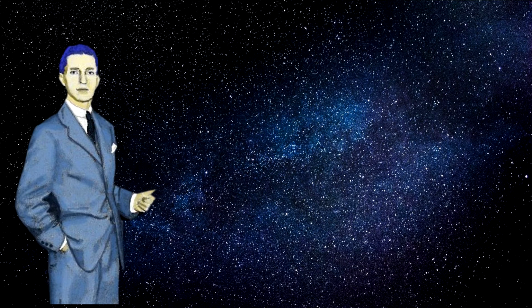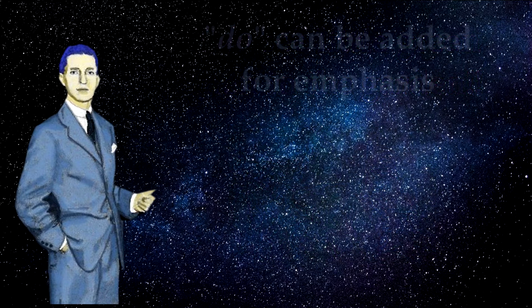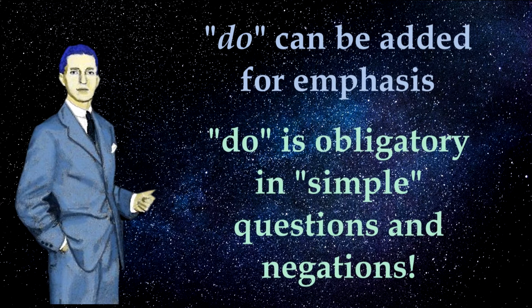What's more, if you want to put special emphasis in a sentence, for example, if your listener doesn't believe what you're saying, you can add the auxiliary do to give your sentence that emphasis. So even though the auxiliary do is invisible in the majority of affirmations, you can add it. It is also obligatory in questions and negatives in the simple mode.